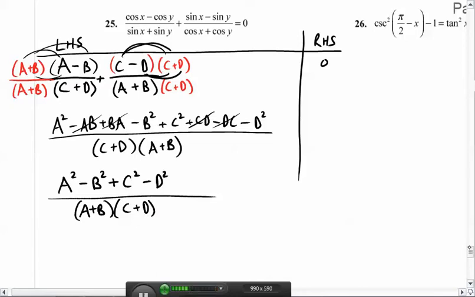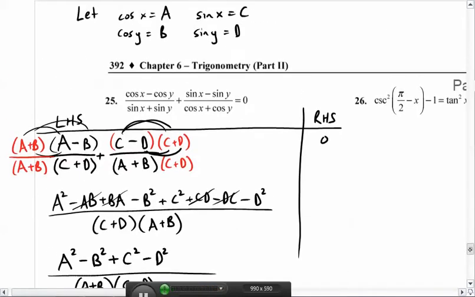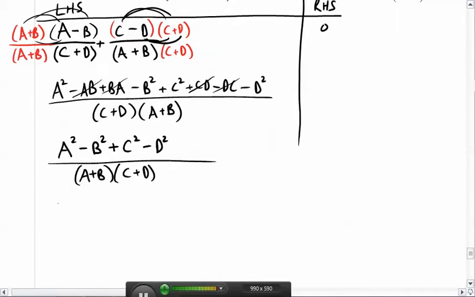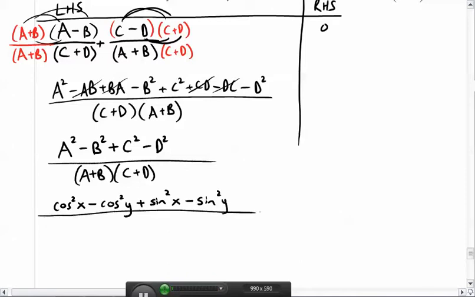Okay, so now I can't really factor much. I'm going to put my sines and cosines back again. So A is cosine x, B is cosine y, C is sine x, and D is sine y. I'm not going to expand the denominator because most times you really don't have to expand the denominator.